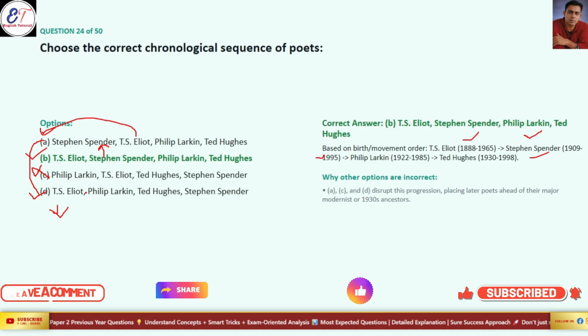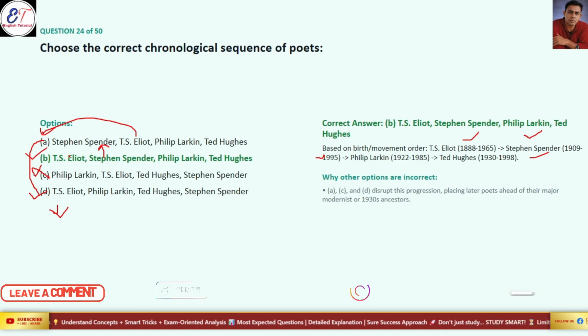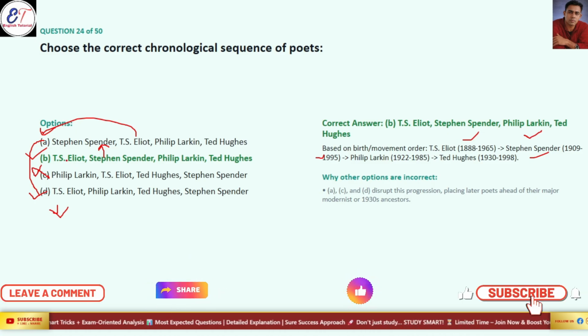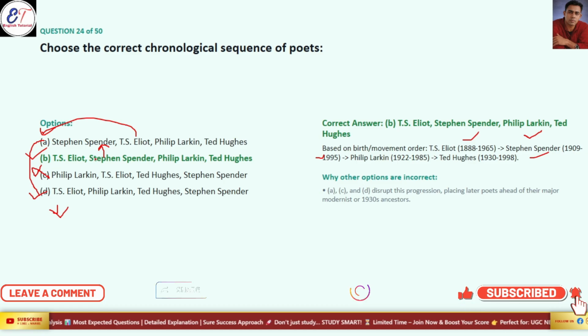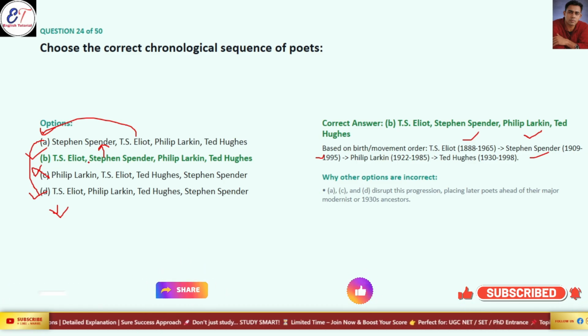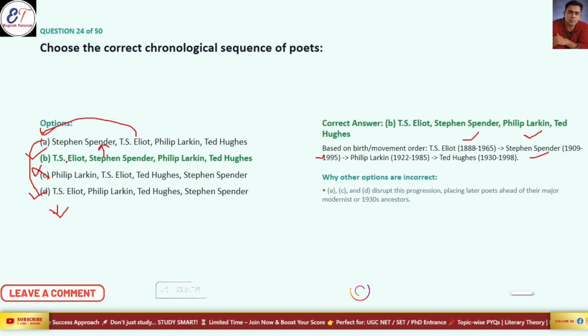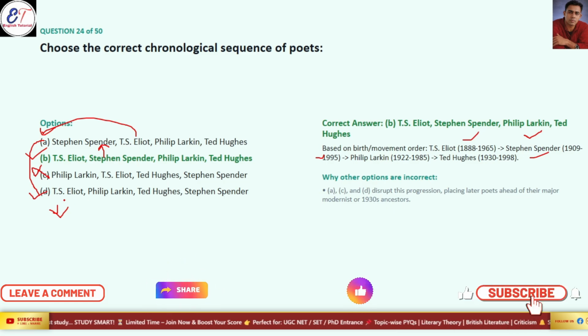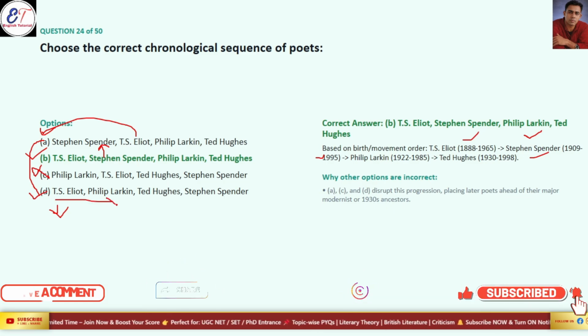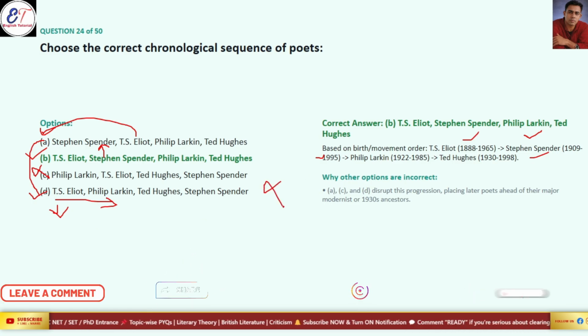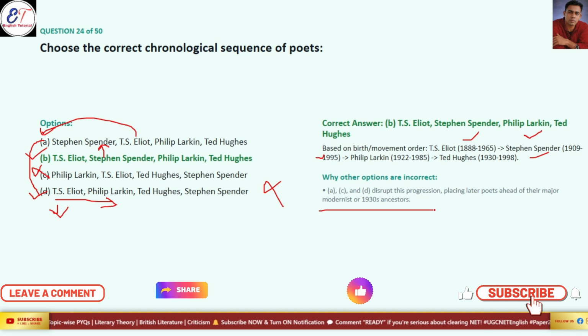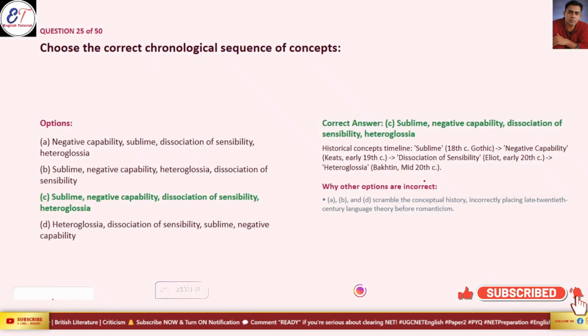We need to check the dates of birth of the other authors too. Stephen Spender comes after T.S. Eliot, but here Philip Larkin has entered in the second position, so this one is a wrong answer. Okay, let's proceed to the next question.